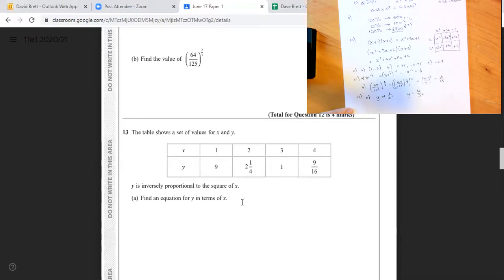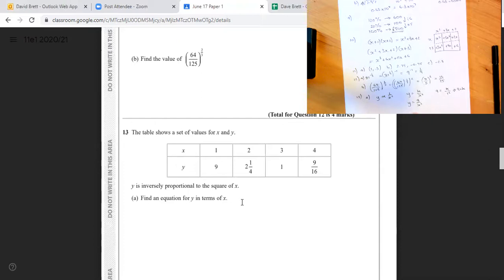So let's choose a value. Let's go for when x is 1 and y is 9. So 9 equals k over 1 squared. So 9 equals k. So therefore, y equals 9 over x squared.